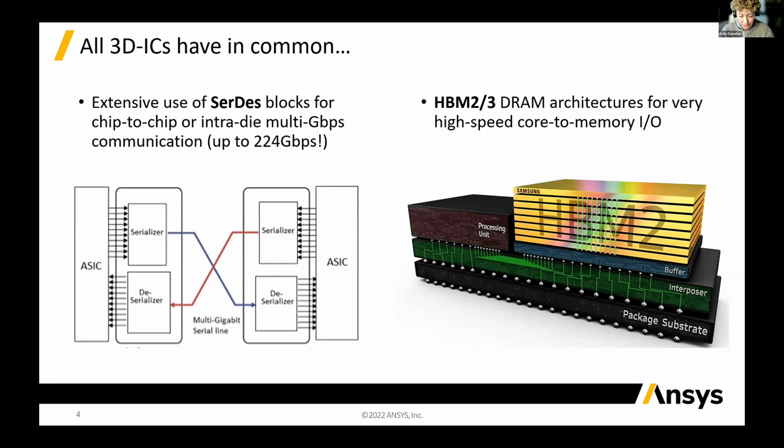Here is an example of an HBM memory and SerDes design. The parallel interfaces can be HBM2, HBM3, or UCIe, the newest protocol, and they are excellent in enabling high-bandwidth communication between the memory and the CPUs or GPUs.